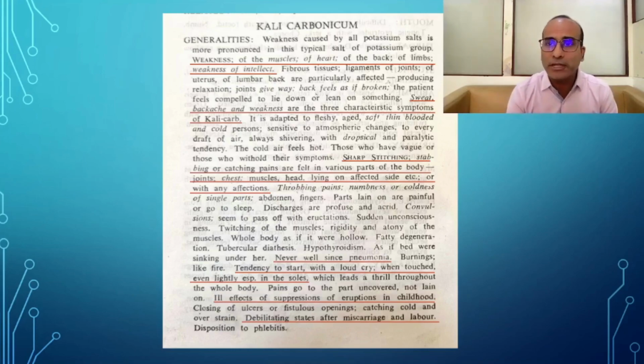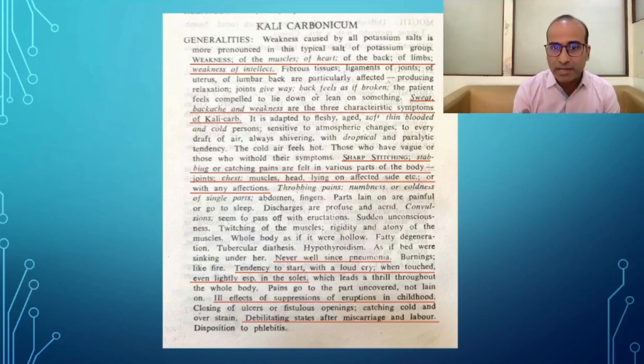Then he writes about the next general trait, the kind of general sensation running through Kali Carb: the pain. Sharp, stitching, stabbing, catching pains are felt in various parts of the body. Then he gives the list of organs and says etc, etc: chest, muscles, head, affected side, etc. So that etc is very important.